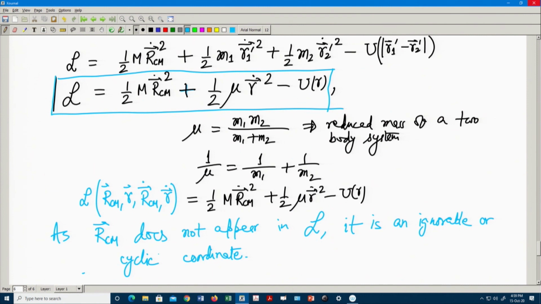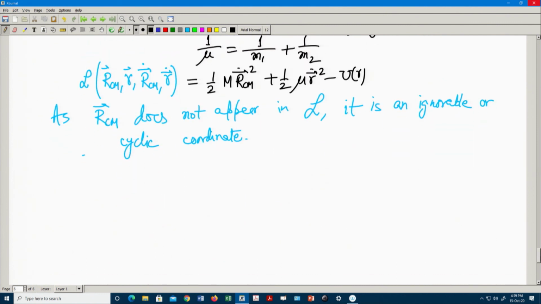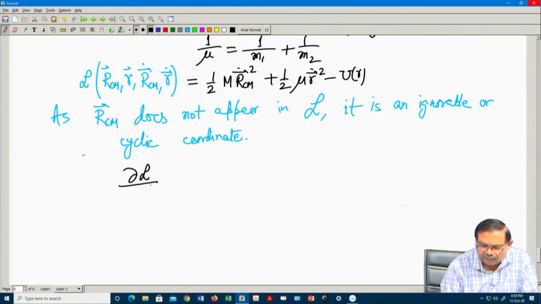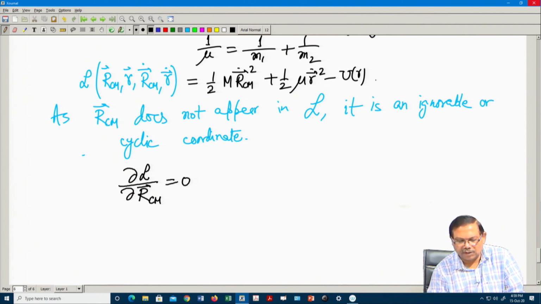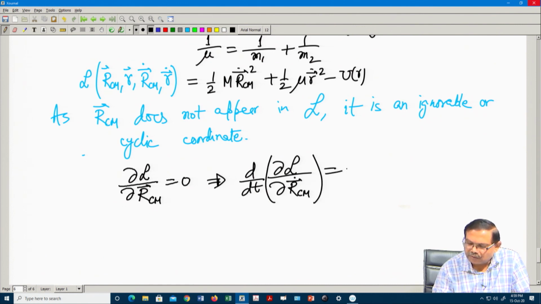So, if it is a cyclic coordinate, then what is going to happen? The partial derivative of the Lagrangian with respect to RCM is 0, because RCM is not coming directly, and from the Lagrange equation of motion, d dt of the partial derivative of the Lagrangian with respect to RCM dot should be 0, because these two have to be equal.